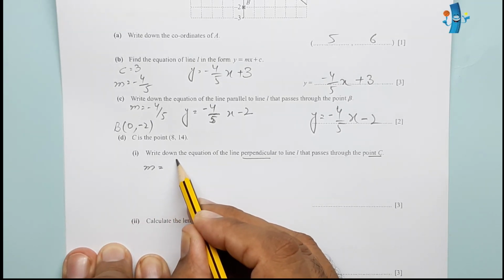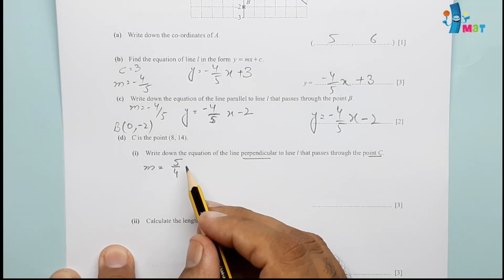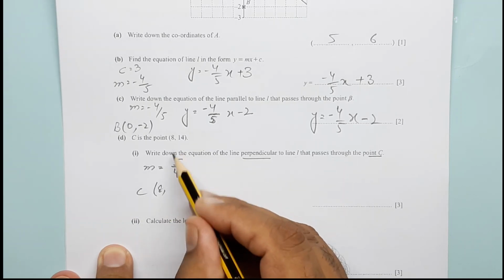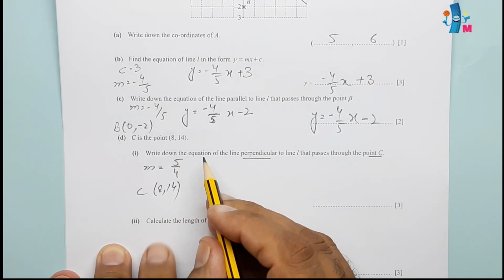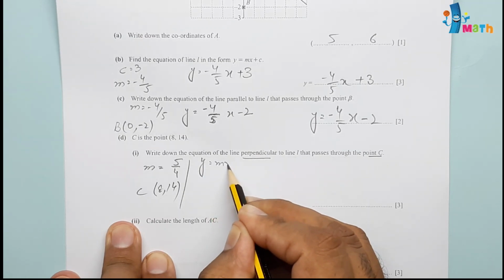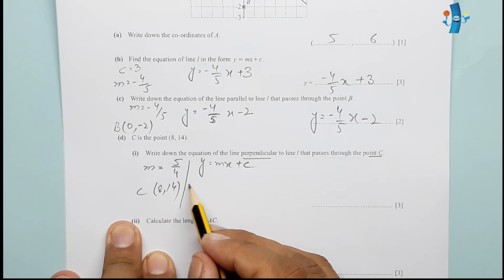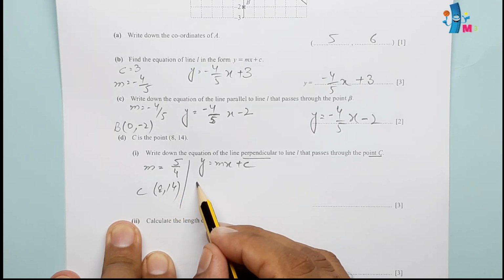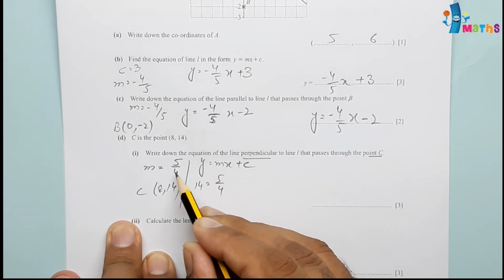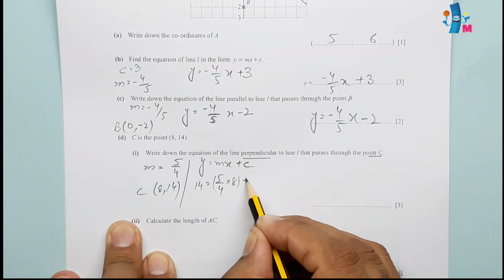So gradient will be plus 5 by 4, and C is 8 and 14. So we'll use y is equal to mx plus c to check the value of c. We'll replace this point. So 14 is equal to 5 by 4, which is the value of m, into x, which is 8, plus c.